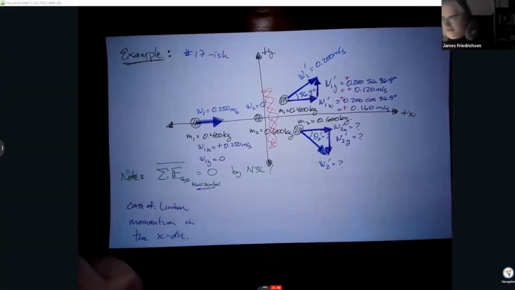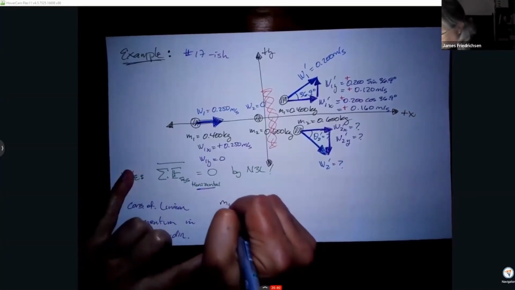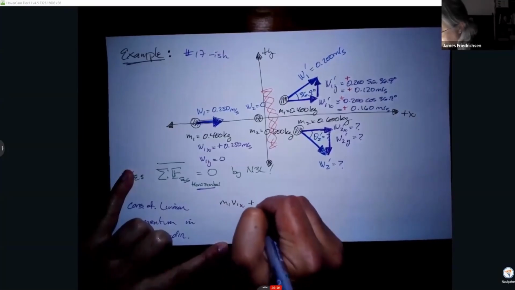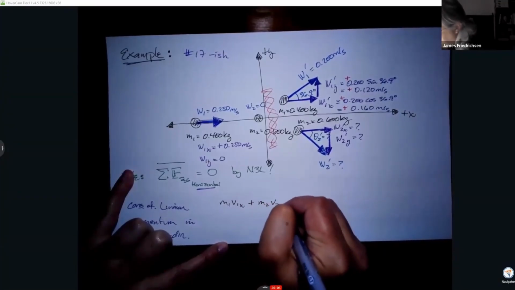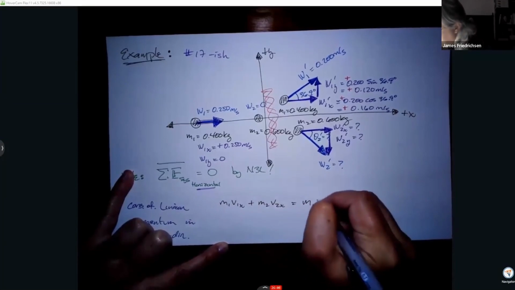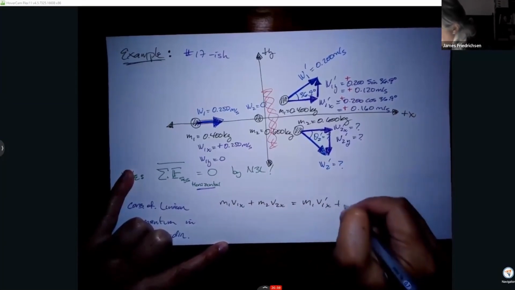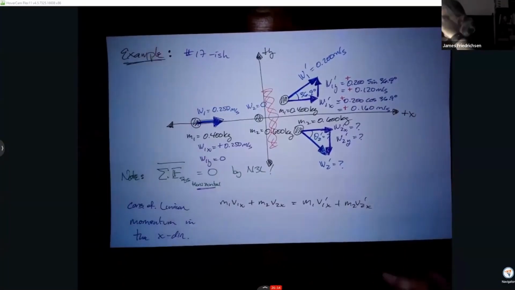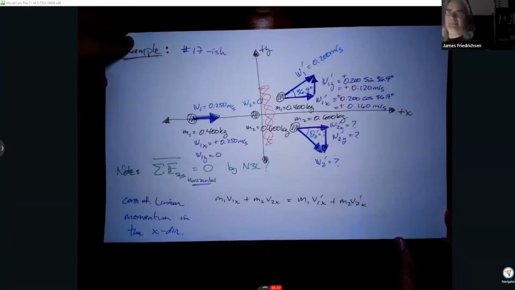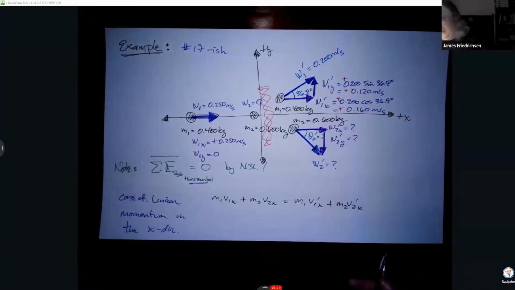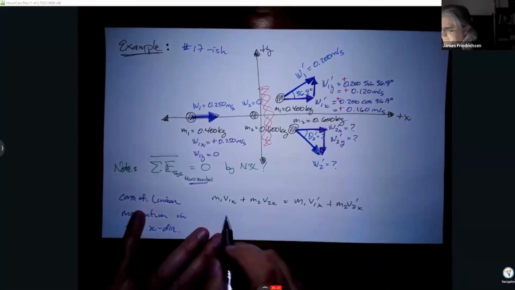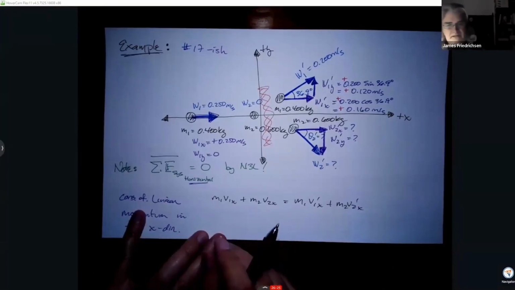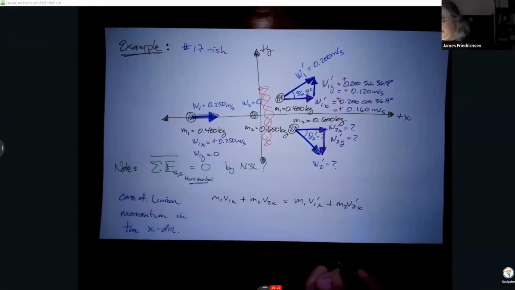And so what we get here is m1 v1x plus m2 v2x is equal to m1 v1 prime x plus m2 v2 prime x. And I'm going to drop the vectors kind of like we did back in chapters 3 and 4. I know they're vectors. I'll put in my directions. It'll be fine. It just makes it a little easier to write.